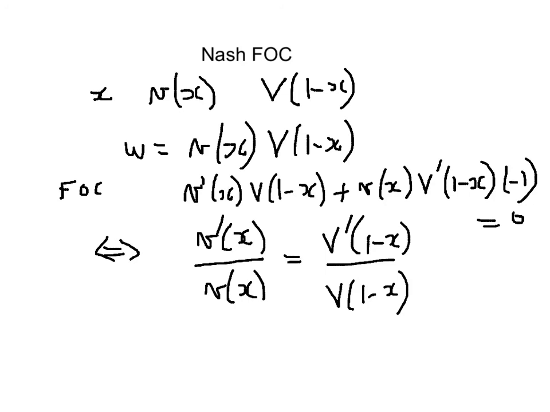If the parties have the same utility functions, the parties will split the surplus equally. But if they don't, then the person with the marginal utility which diminishes most rapidly actually gets a lower share.